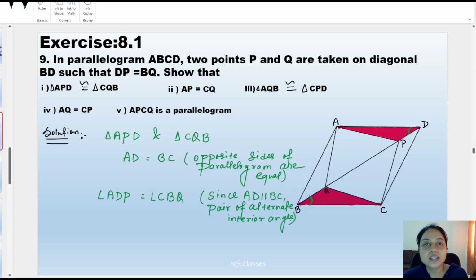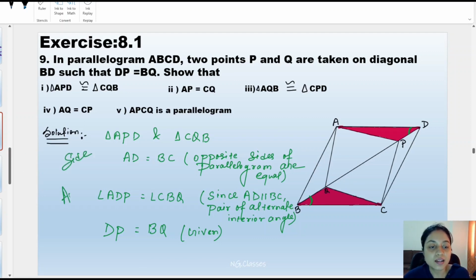And it is already given in the question that DP is equal to BQ. So let's write it. DP is equal to BQ, already given. Hence we got the sequence of side, angle, that means included angle, and then again side.